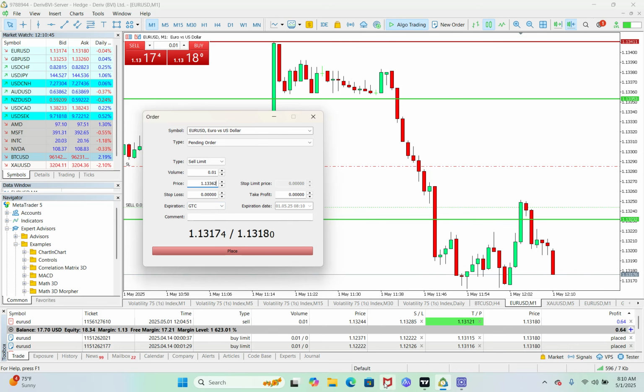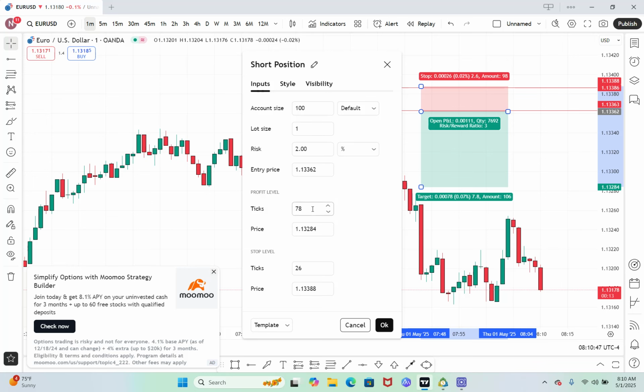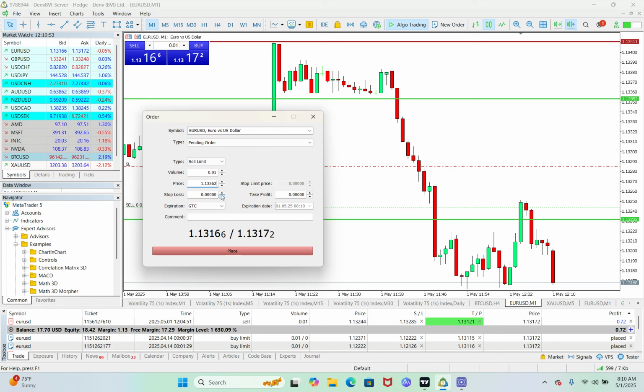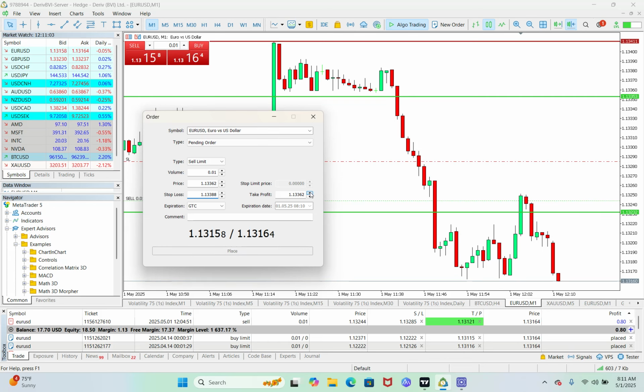Stop loss: click back on TradingView, look at the stop loss, 1.13388. The TP: look back on TradingView for the TP.